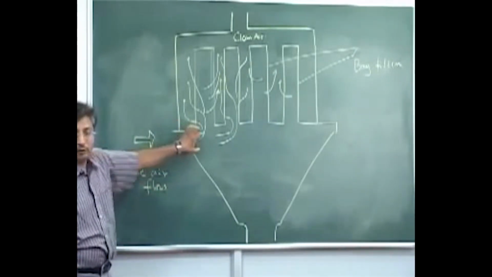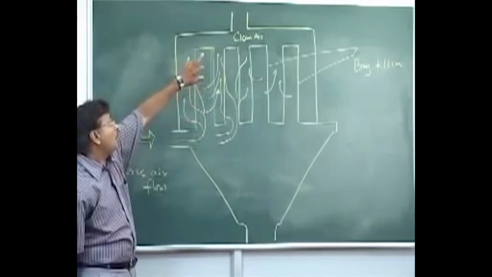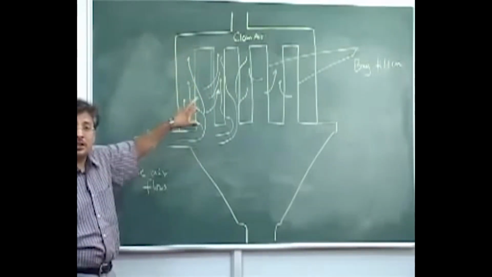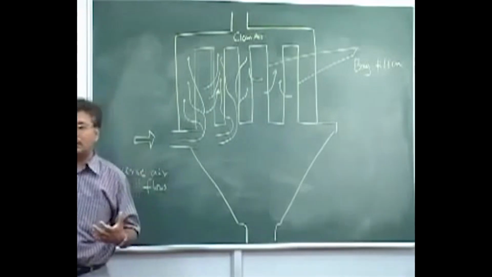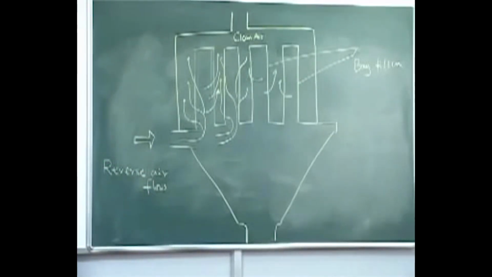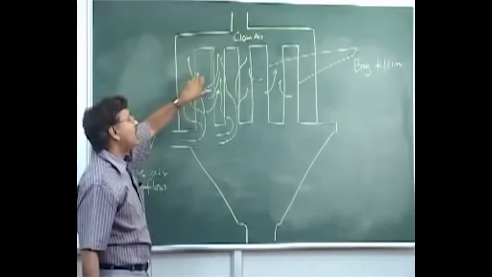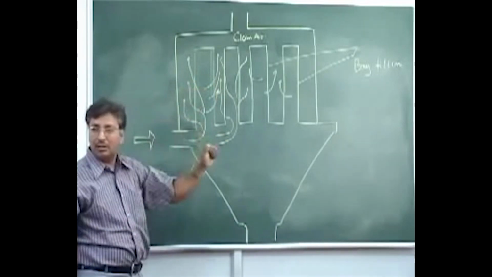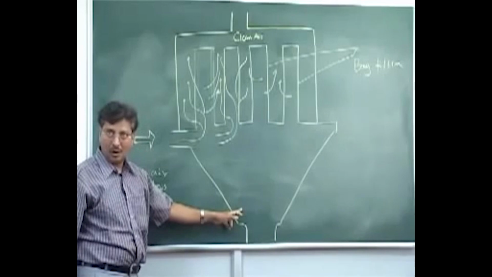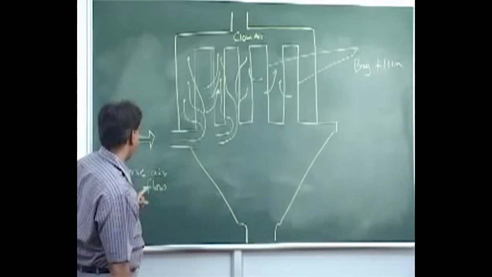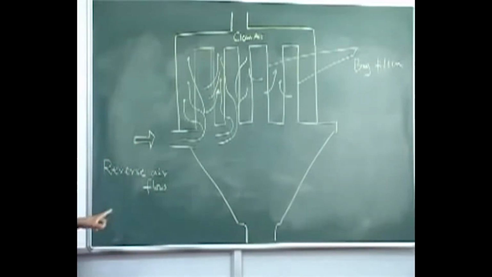You stop the flow from here and make the flow of the clean air reverse. We will have some kind of compressed air and things like that. So you make the flow reverse. Now the flow is from the outside to inside, so that will dislodge your dust, and the whole dust will fall into your hopper. That is what we call reverse airflow.